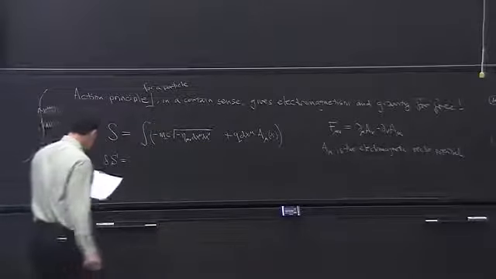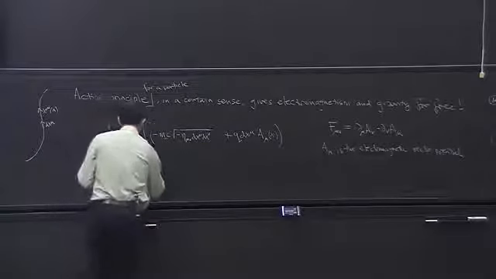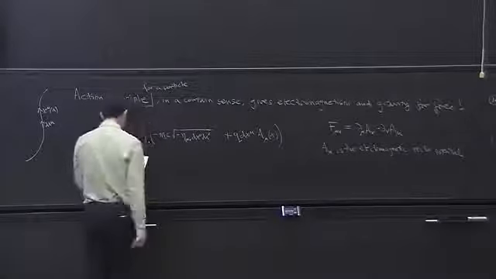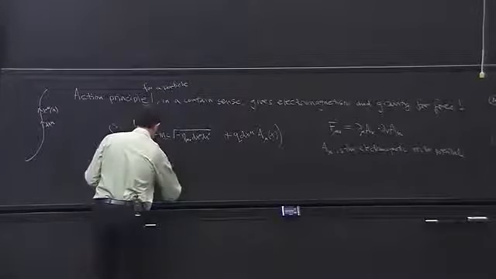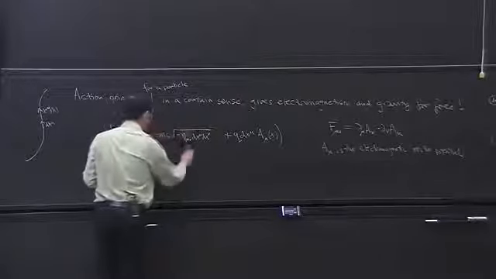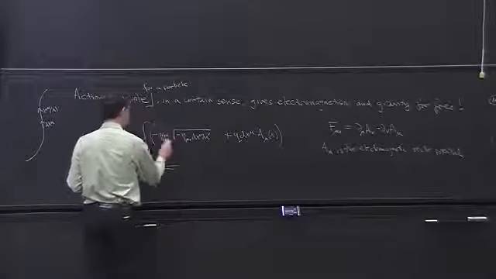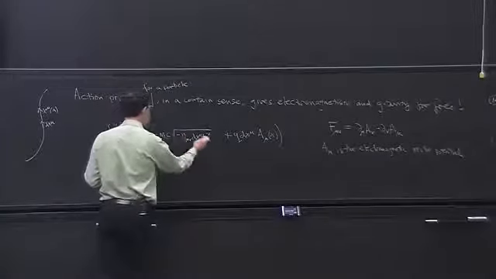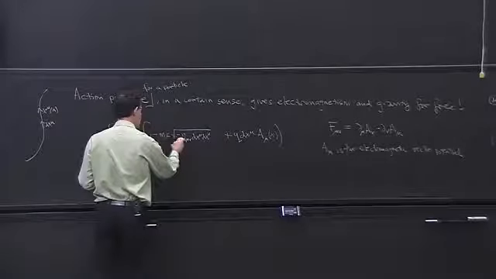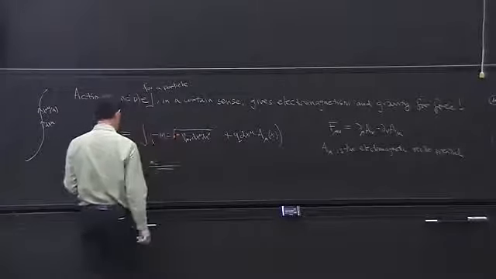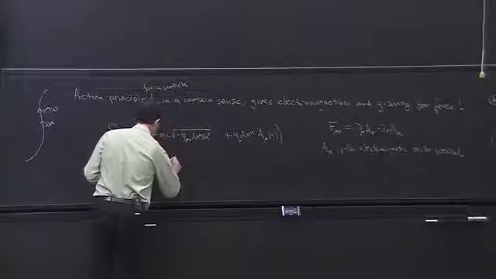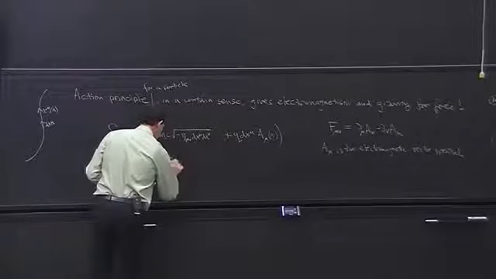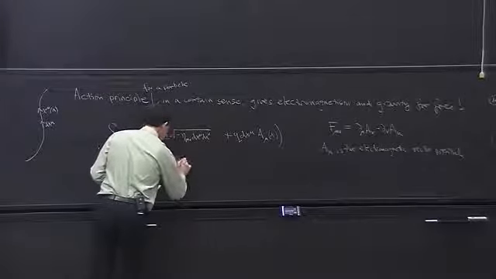That m is the rest mass. Okay, so this is going to be mc. We do our usual variation of the square root. We get 1 over the square root. And then we vary this in the numerator. The two minus signs cancel. The factor of 2 cancels with the half from the square root. And so we get dx mu d delta x mu.